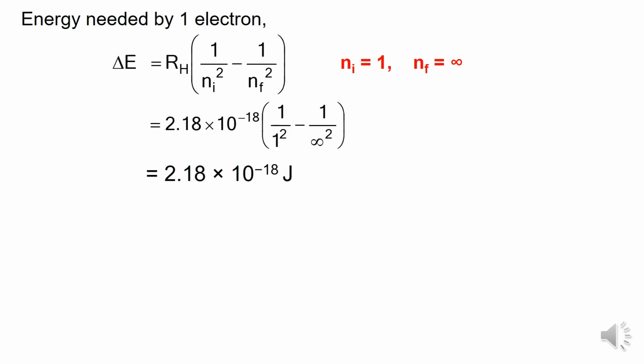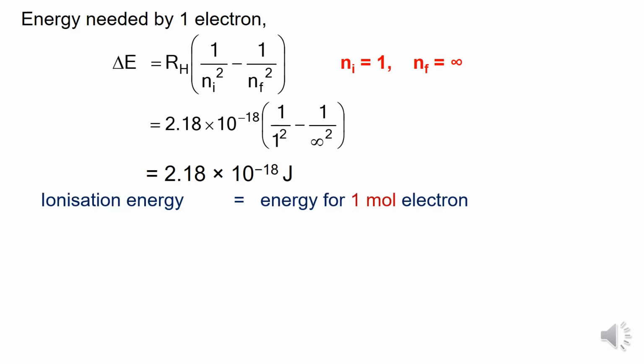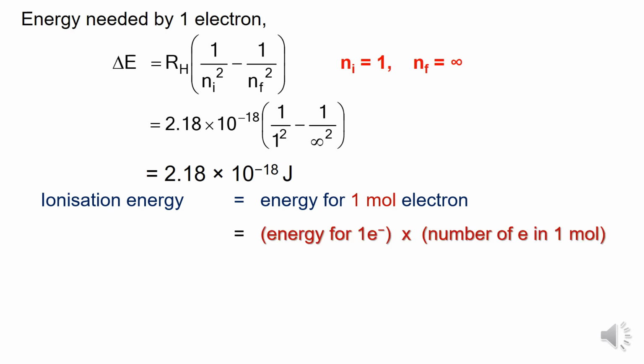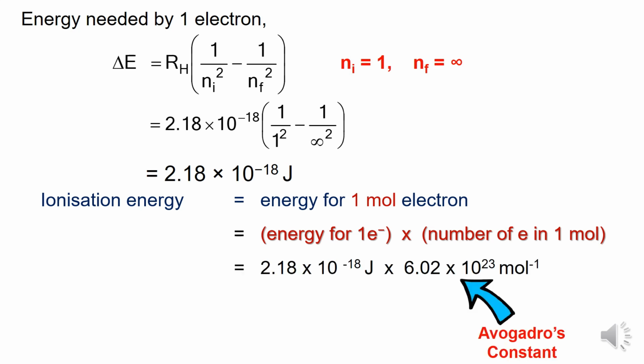Thus, we get 2.18 times 10 to the power of negative 18 joule. This is the energy needed to remove one electron from one hydrogen atom. To find the energy required to ionize 1 mole of electrons, we multiply this value by Avogadro's constant. Thus, we get the ionization energy for 1 mole of electrons equals 1312 kilojoule per mole.